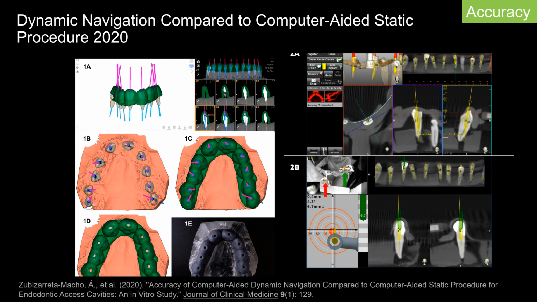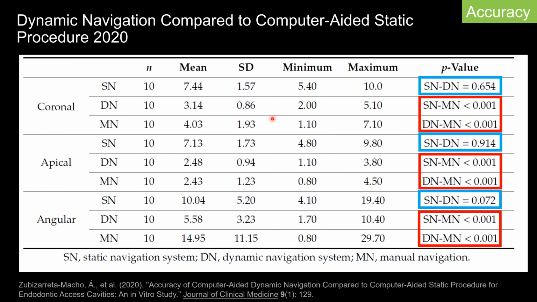And talking about dynamic navigation, this paper is comparing dynamic navigation, static navigation, and manual. So this is the outcome.